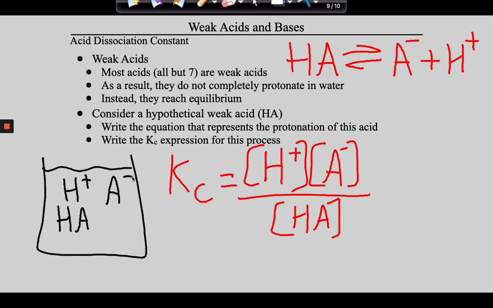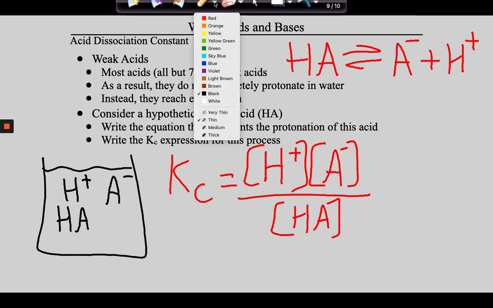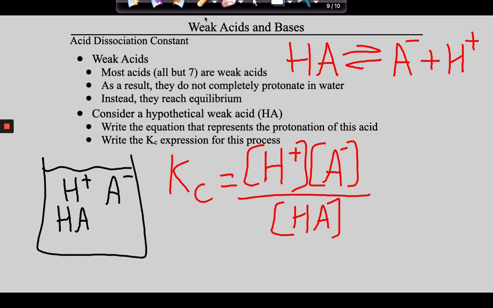So guys, this then becomes the Kc for this, but because this is the Kc for an acid, we call it Ka. Find it on your equation sheet.